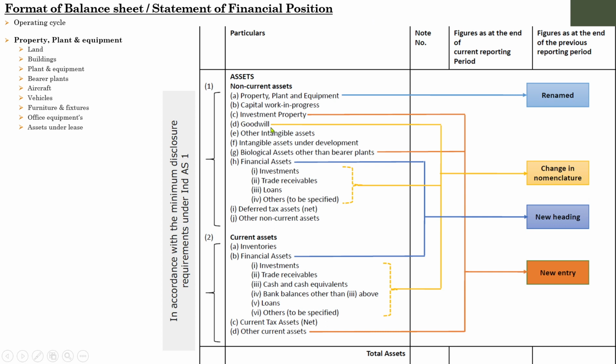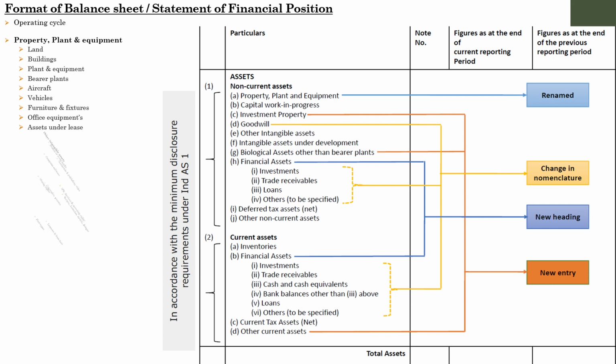And as per the IND AS, even though goodwill comes under intangible assets, goodwill has to be shown separately, apart from the other intangible assets. That is why goodwill is shown first, after that other intangible assets. I believe you all know what is meant by intangible assets.